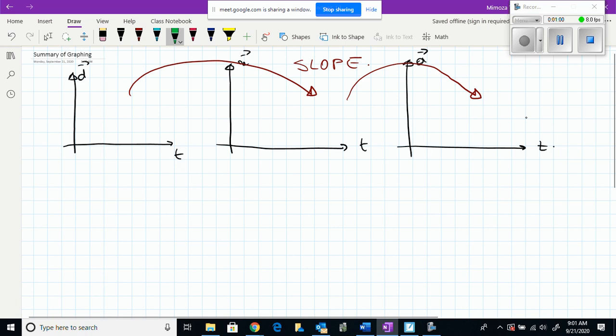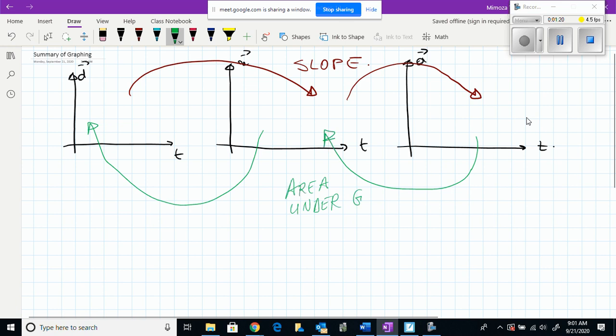And when we know the information about the acceleration time graph and we are constructing the velocity time graph and then further the displacement time graph, what we are doing is calculating the area under the graph.